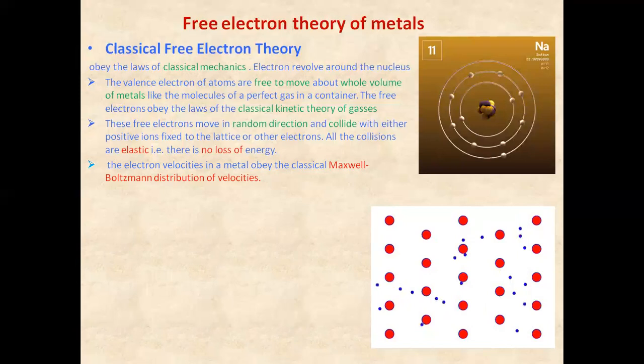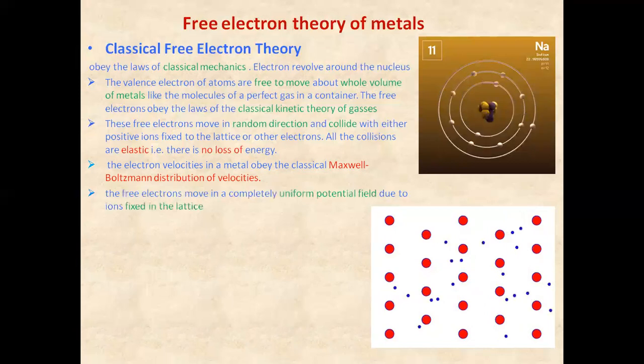That means for macroscopic particles, Maxwell-Boltzmann statistics is obeyed. Now, the free electrons move in a completely uniform potential field due to ions fixed in the lattice.